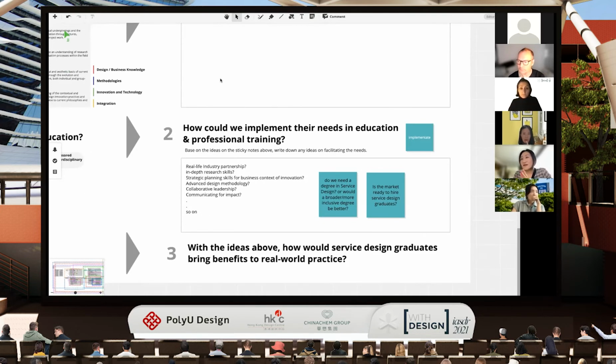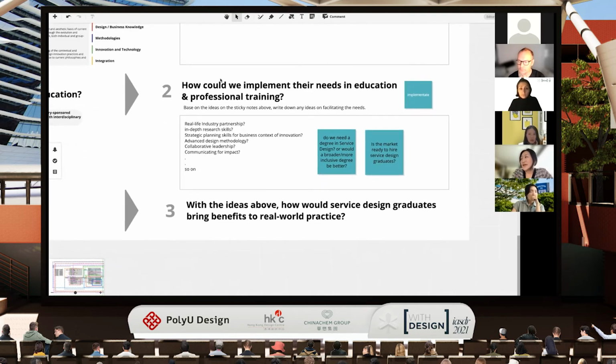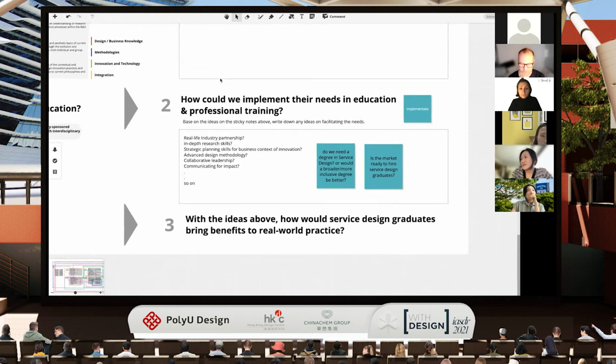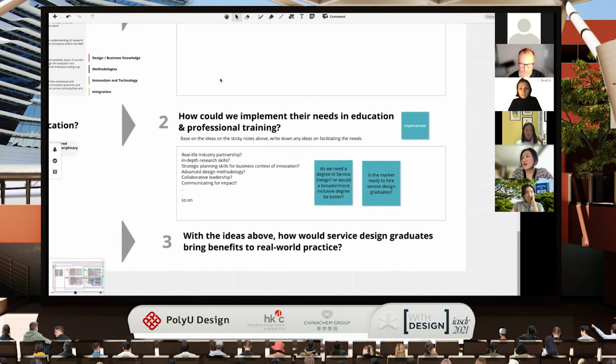So these are also open questions: what is the perspective, and how can we actually adapt these needs into education programs, especially in Asian markets.